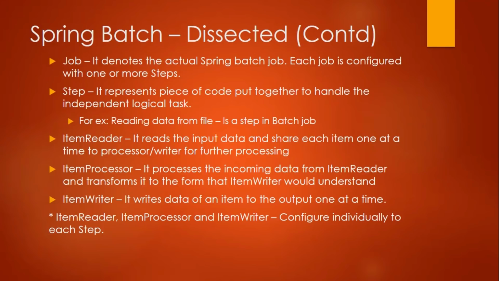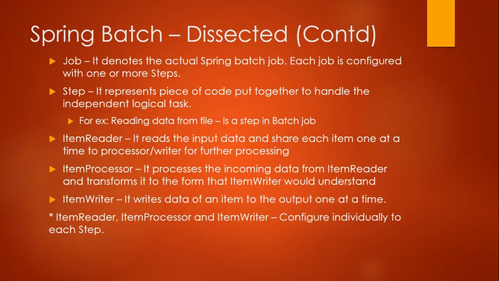And what exactly is item processor? It is going to handle some business logic in your batch job. For example, if you want to process the data received from the text file based on some conditions, say the data has to be processed only when the person's age is greater than 30, you can put such logic inside item processor.